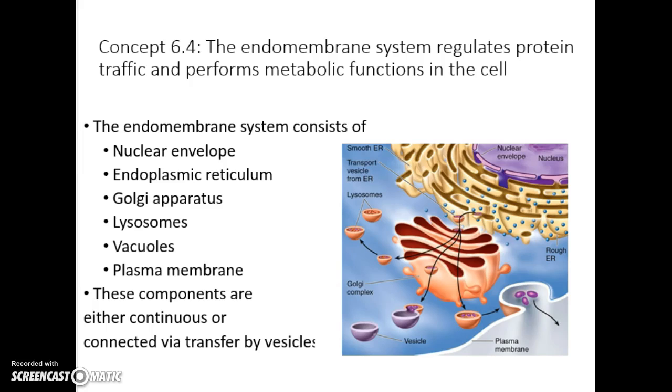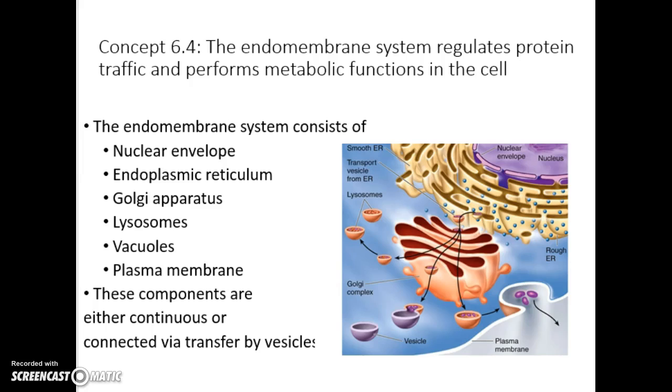So what it consists of are the 6 things that you see listed here. We have a nuclear envelope, our ER, the Golgi apparatus, the lysosomes, the vacuoles, and the plasma membrane. So together, all of those 6 make up the endomembrane system.